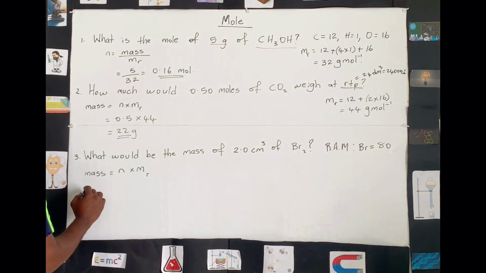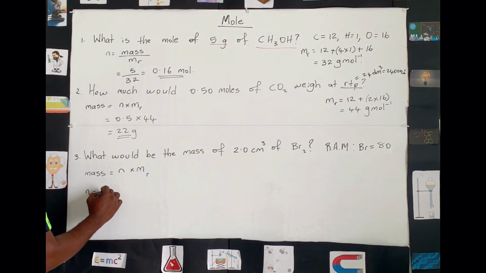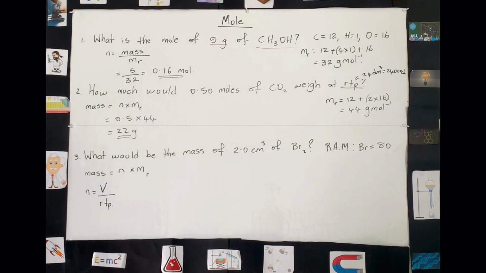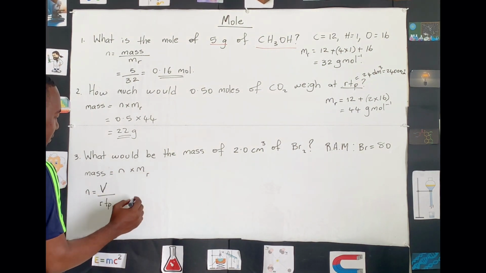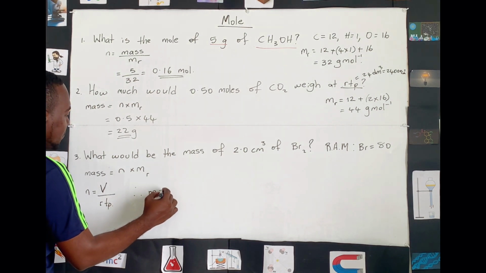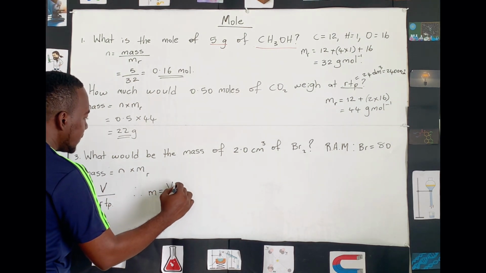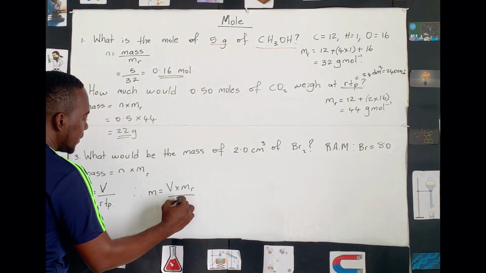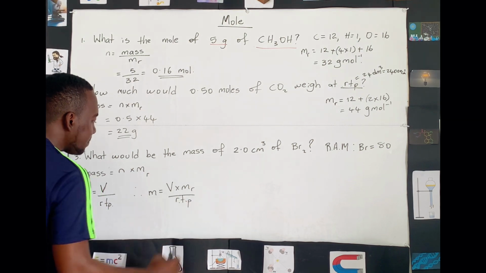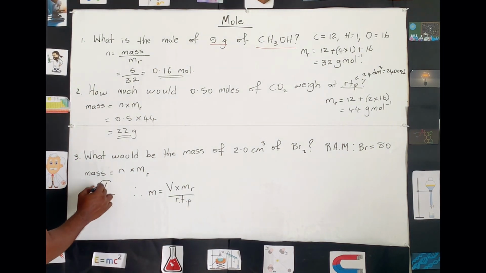And therefore we know that the number of moles is equal to volume over RTP value, because this would be at RTP. So we can substitute the mole here. The mass would be equal to the volume times the molar mass over the volume at RTP. So we're substituting this where the mole is.